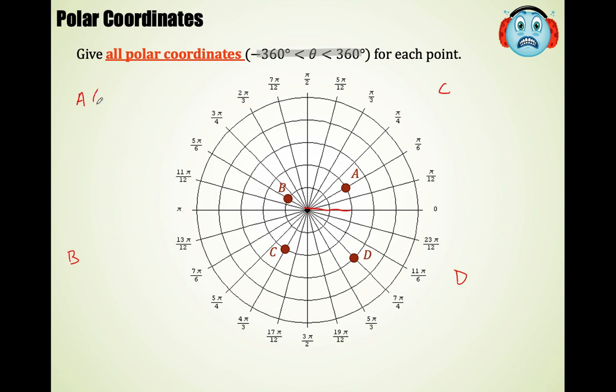Positive radius 2. Rotate how many degrees? Pi over 6 is 30 degrees. Now I only want to stay between negative 360 and 360, so I'm not going to add 360 to that because then I'd be past 360. So what else can I do?